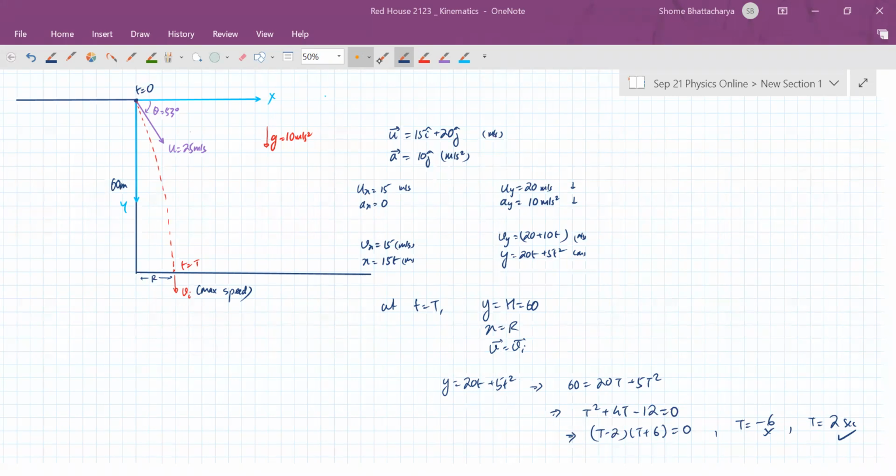Yes, very good. Shivansh, your answers are also correct. R is 30 meters.